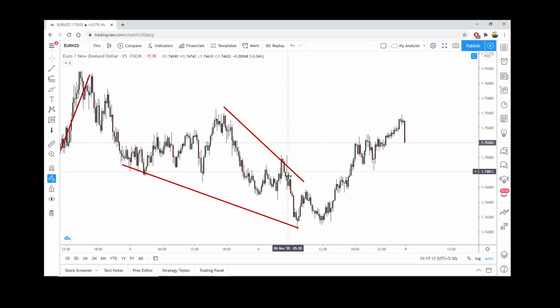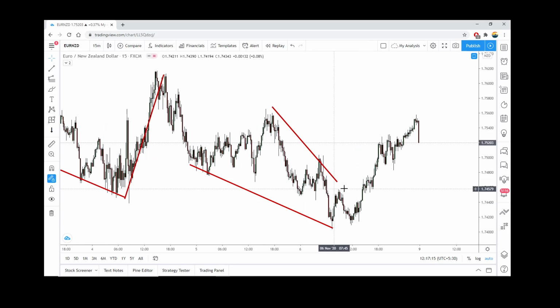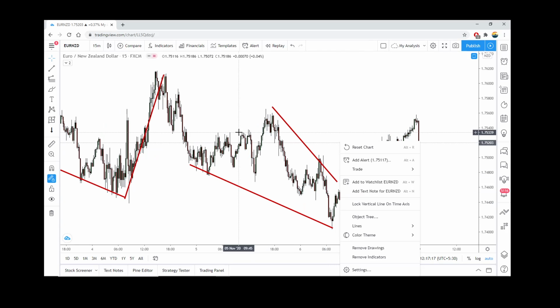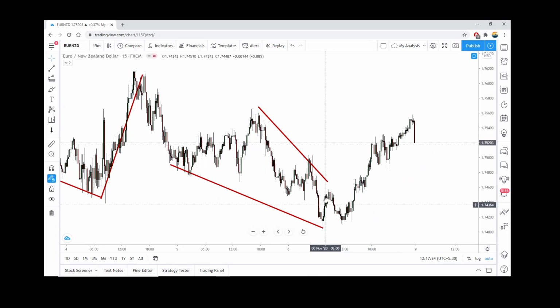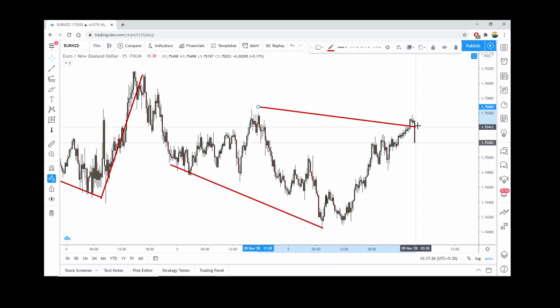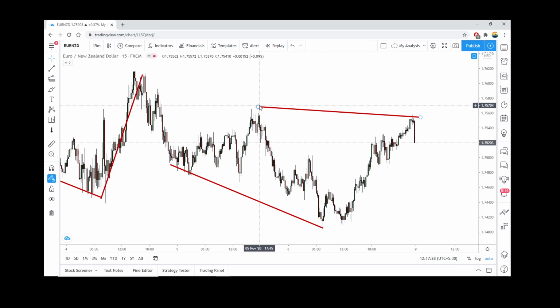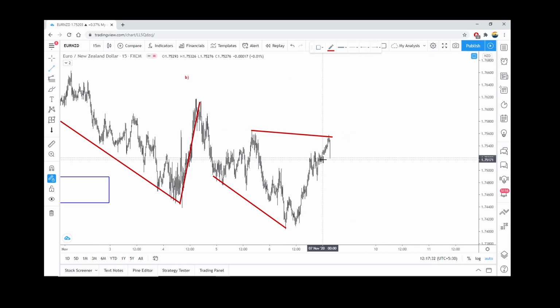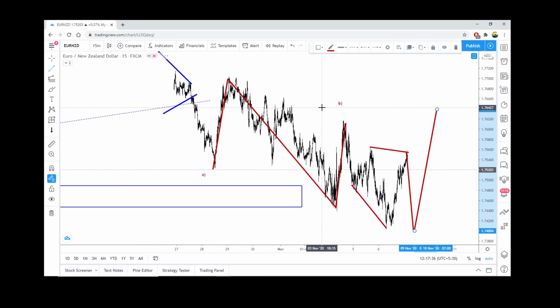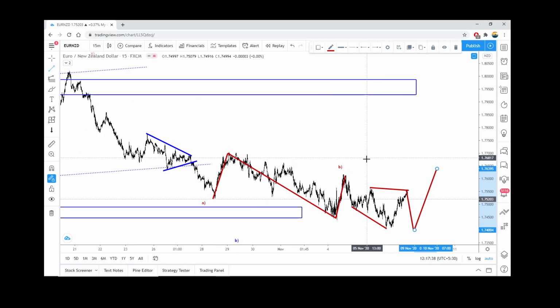Yeah, this is valid, 1, 2, 3, 4, 5, or it could be a 1, 2, and the whole thing becomes 3, A, B. This could be a 4 also, and then one more drop, and then again it will take off. So like that, this is possible.